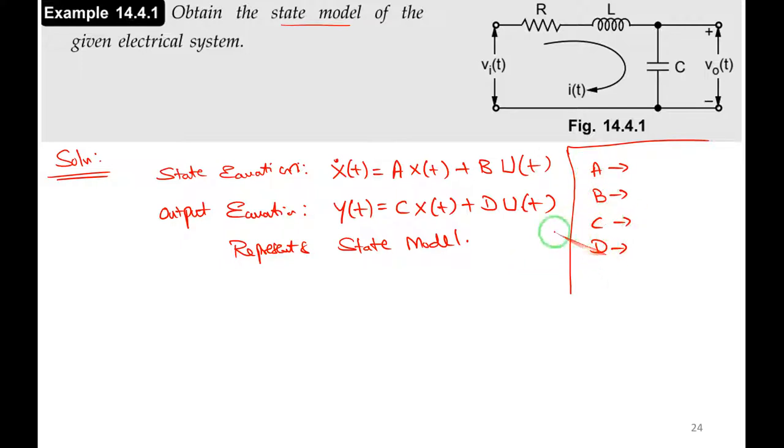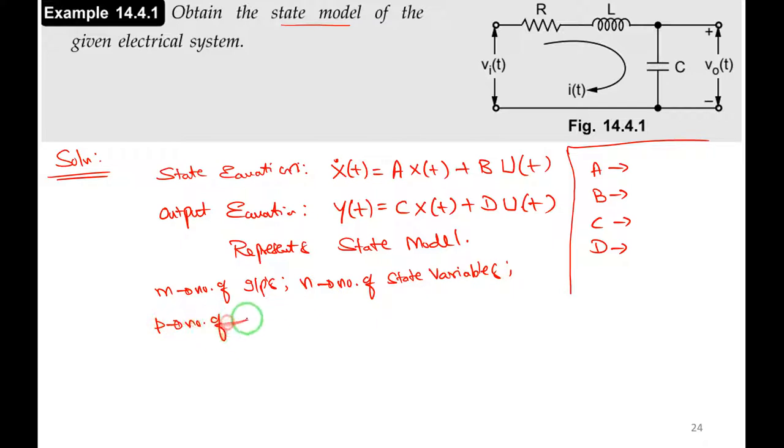Now M, N, P, please be clear. M represents the number of inputs. N represents the number of state variables, or internal states of the system. And P represents the number of outputs.